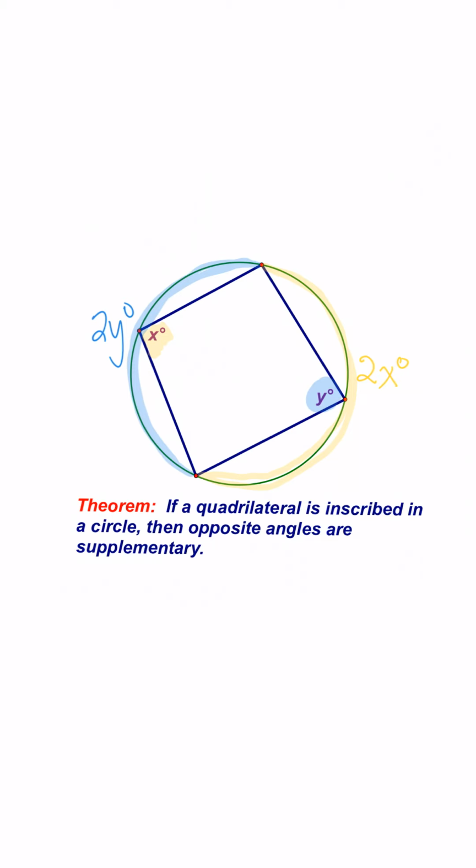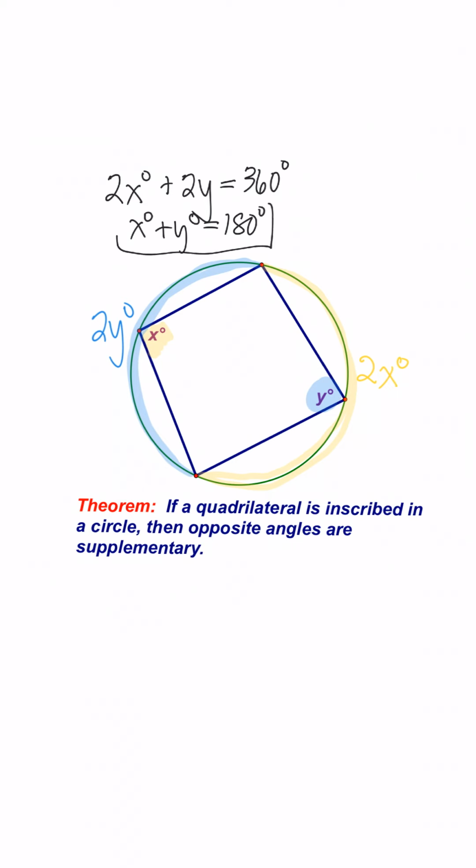However, 2x degrees plus 2y degrees is equal to 360 degrees. Add up to one full circle. Divide everything by 2. X degrees plus y degrees is equal to 180 degrees.